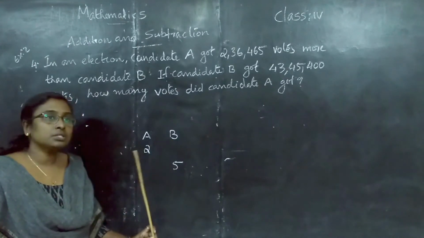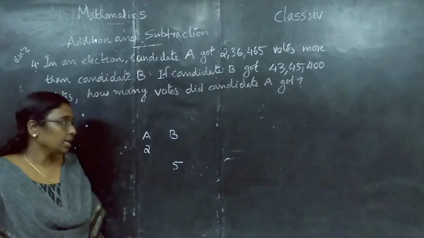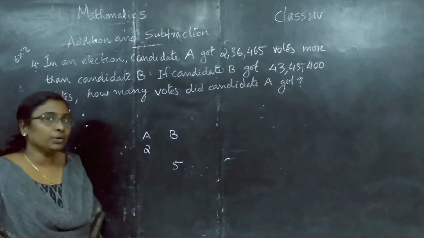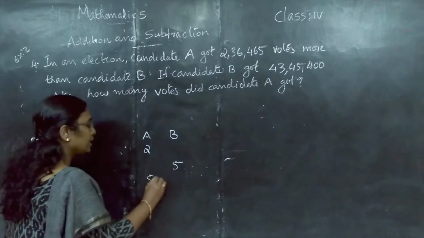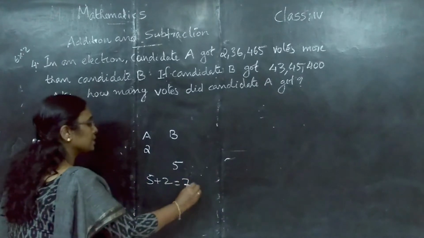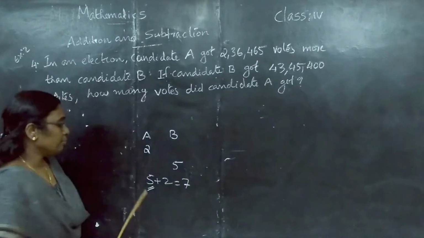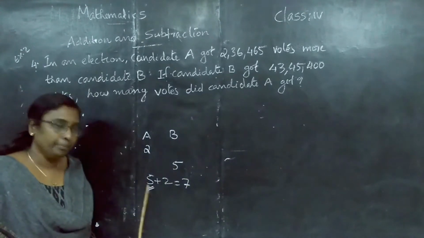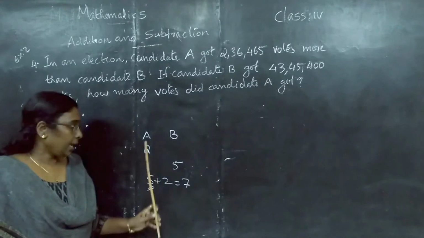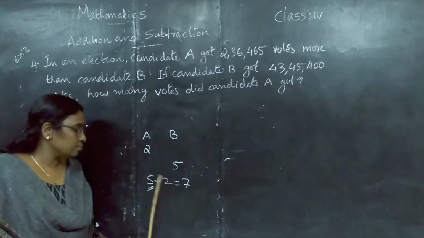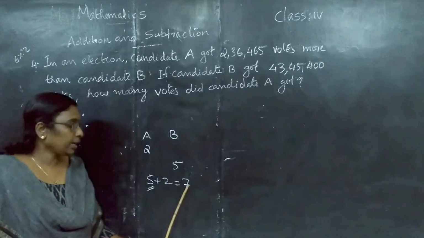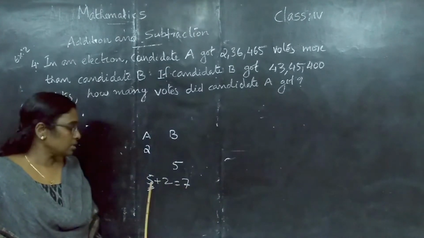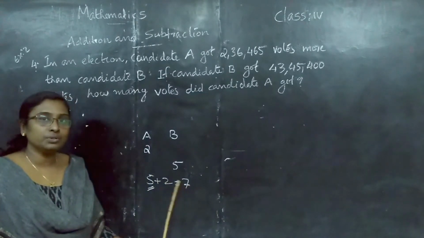So, how many votes did A get? 5 plus 2 equal to 7. 5 is the number of votes got by B. A got 2 votes more than B. So, A got 5 plus 2 equal to 7.